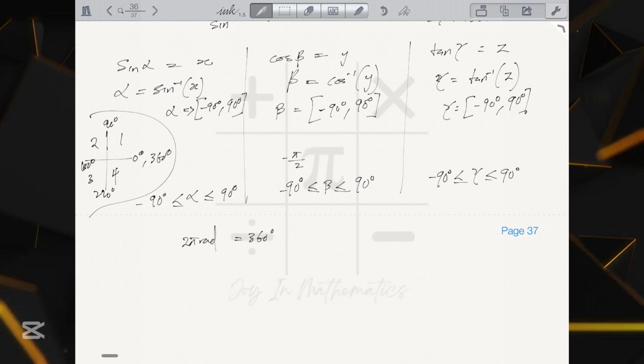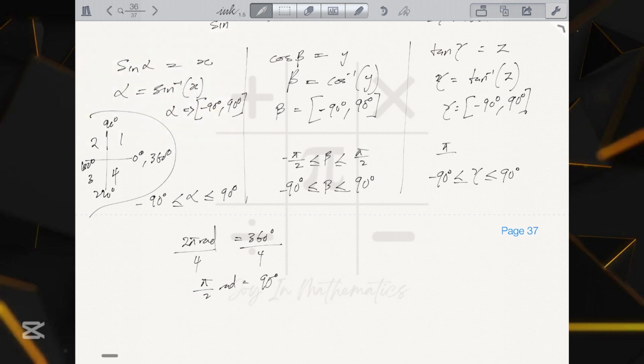Now we want to evaluate the expression of 90 degrees. If we divide by 4 on both sides, this will result in pi over 2 radian is equal to 90 degrees. So therefore, in terms of radian, we will have minus pi over 2 less than or equal to beta less than or equal to pi over 2.